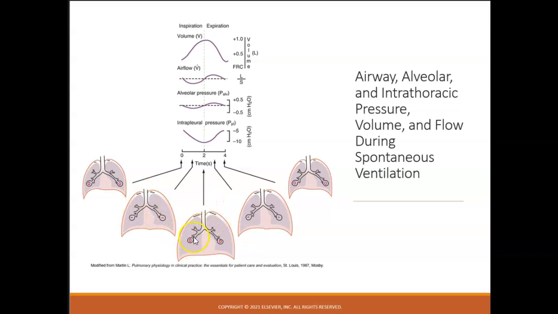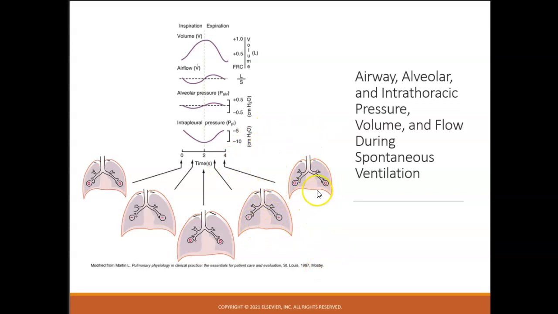The air is going to continue to flow into the lungs until you get to a neutral pressure, where the pressure in the atmosphere is equal to the pressure in those alveoli, so that gas flow stops. Then when the diaphragm relaxes, it moves back up into the thoracic cavity, putting positive pressure on the outside of those alveoli, making those alveoli want to recoil back to their neutral state and the air to flow back out into the atmosphere.